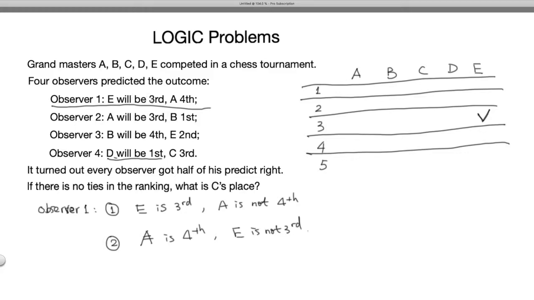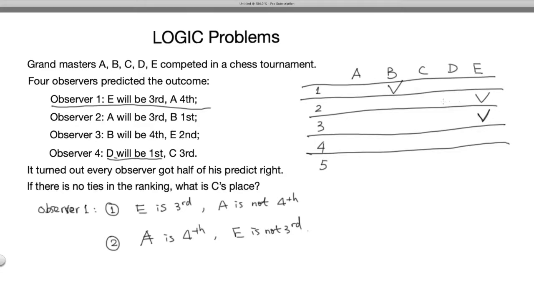Now, if E is third is correct, for observer 2, A will be third cannot be right anymore. A cannot be third. So B has to be first. That part of his prediction must be right because everyone got half of their predictions right. So B is first. Now for observer 3, B will be fourth cannot be correct because we just said B is first. So E is second.